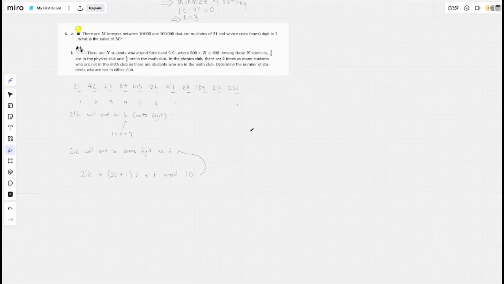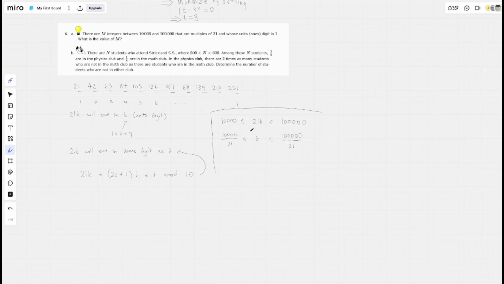Now let's figure out what the bounds that we have are. We want the number to be between 10,000 and 100,000. So we have 10,000 ≤ 21k ≤ 100,000. We can divide by 21 on the left and the right to get that 10,000/21 ≤ k ≤ 100,000/21.